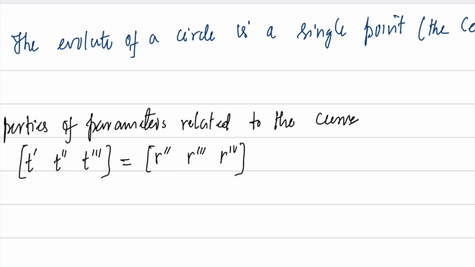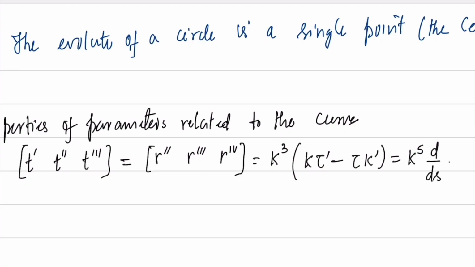This is always equal to K cube, where K denotes the curvature, into K tau dash minus tau K dash, where kappa denotes the curvature of the curve and tau denotes the torsion of the curve, which can also be written as kappa power 5 into d by ds of kappa tau by kappa. So this is the property.